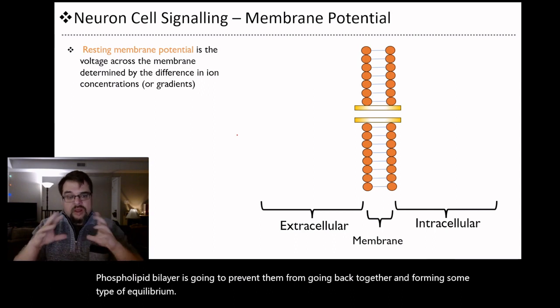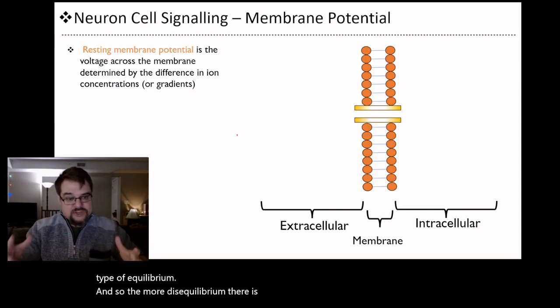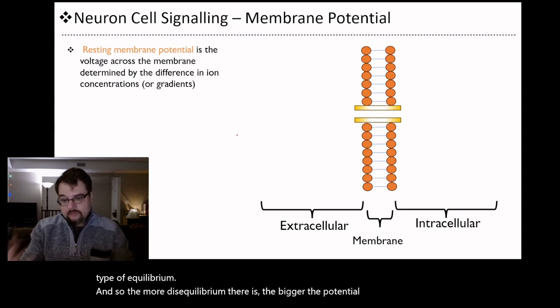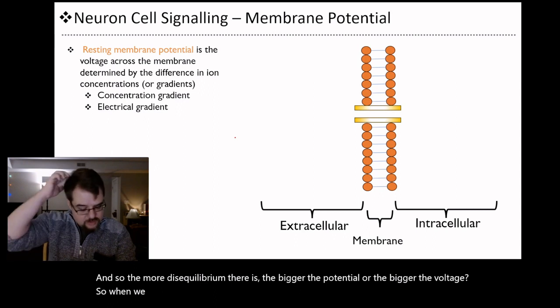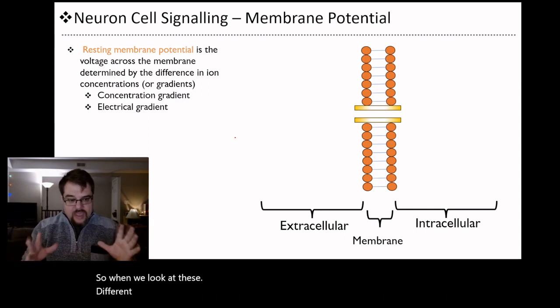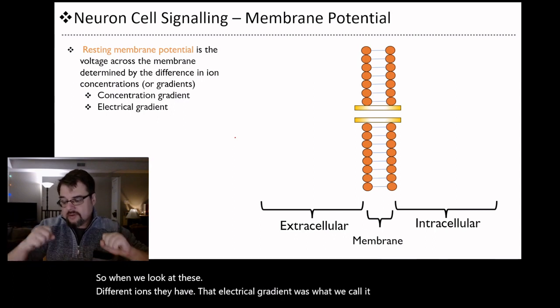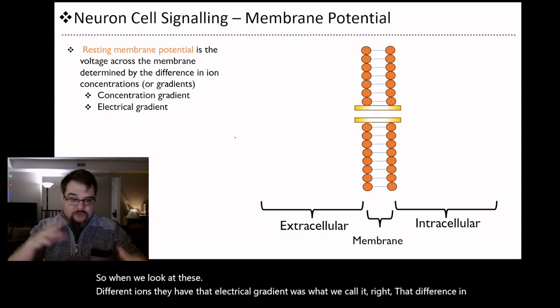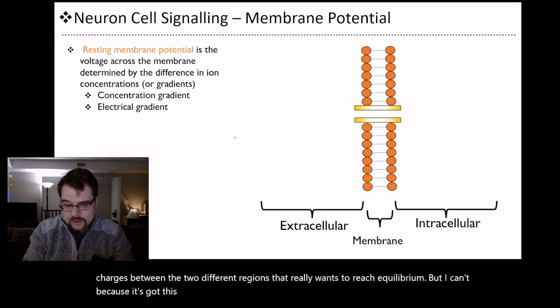And so the more disequilibrium there is, the bigger the potential, or the bigger the voltage. So when we look at these different ions, they have that electrical gradient, is what we call it, right? That difference in charges between the two different regions that really wants to reach equilibrium, but it can't because it's got this barrier in its way.